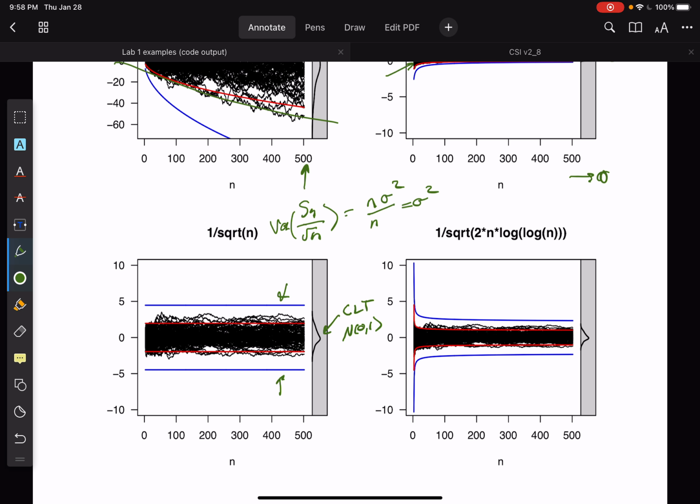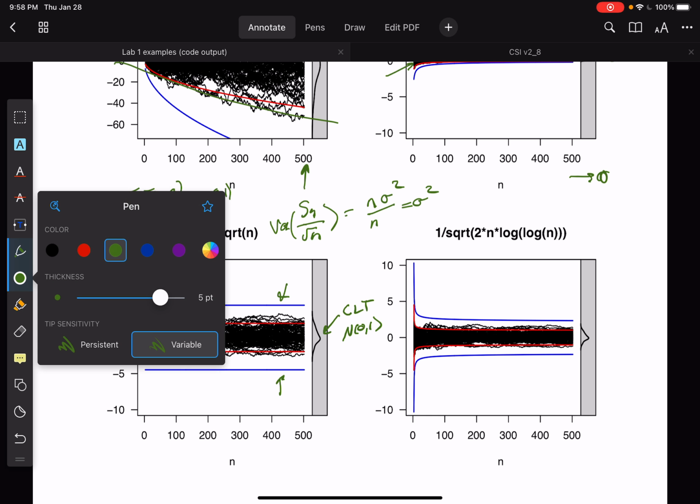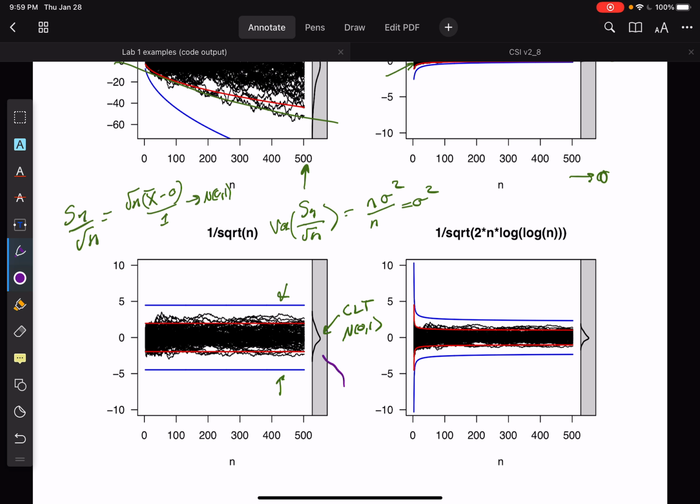And that's just because Sn over root n is equal to root n times x bar, and we can also write that as mean 0, variance 1, and so that's going to go to normal 0, 1 by the central limit theorem. So what the central limit theorem is really describing here is the shape of this distribution at infinity.